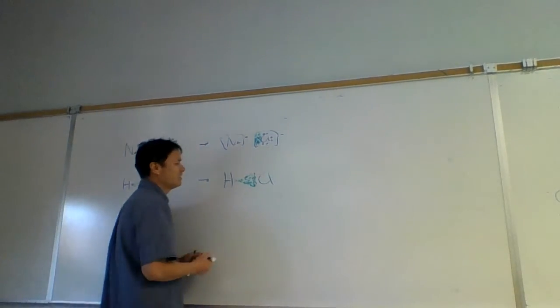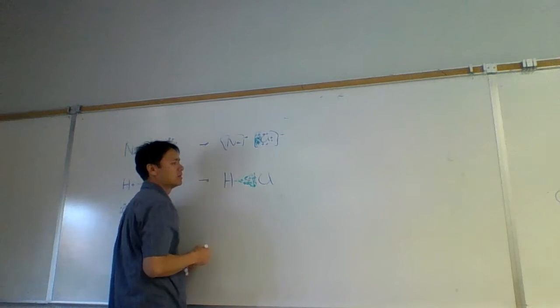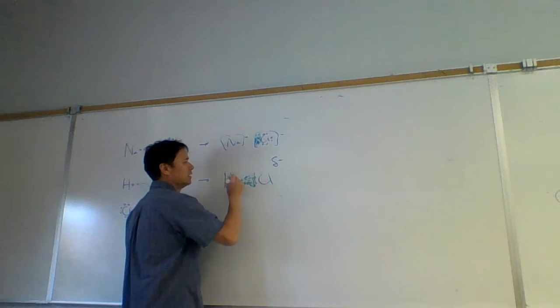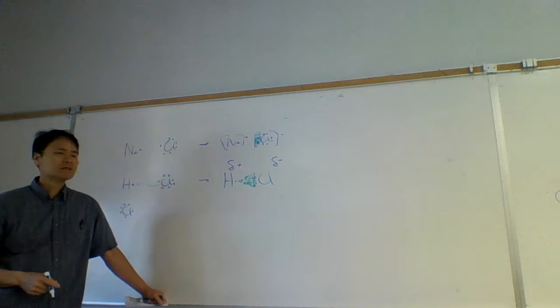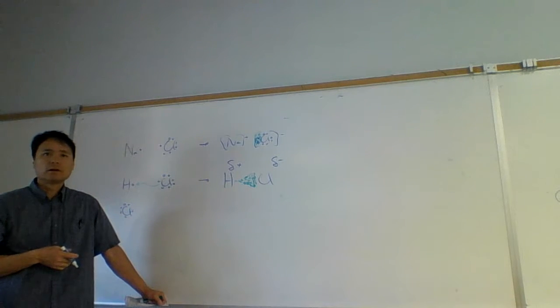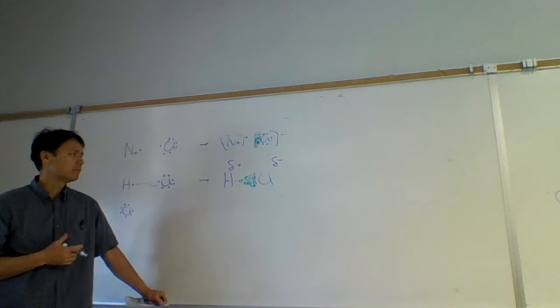What happens is chlorine really wants this -1, but hydrogen isn't going to give it up. And so what we're going to end up with is something called delta minus and delta plus. Do you know what delta means? Yeah, it means a small change. So in this context, it means a negative charge between 0 and -1, more like -0.8 or something like that.